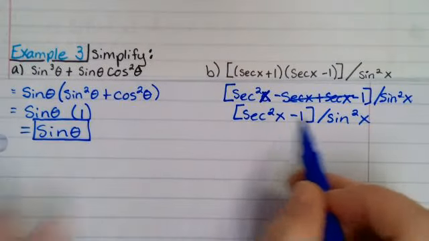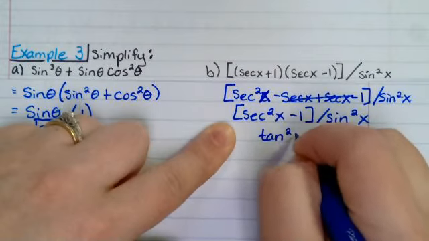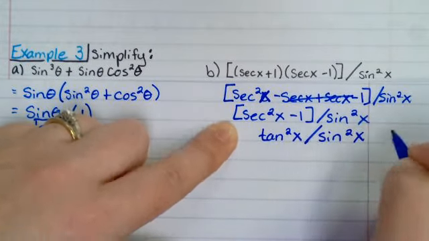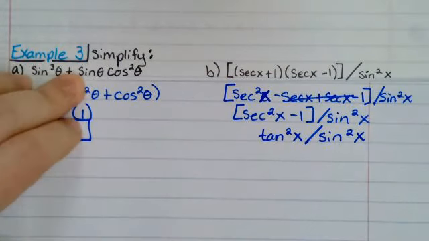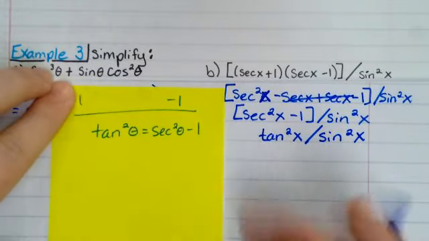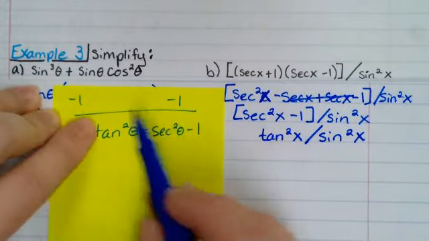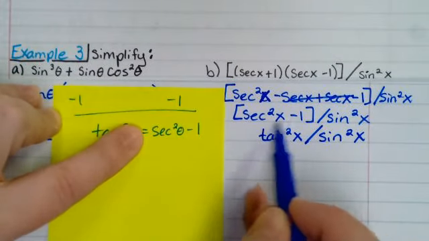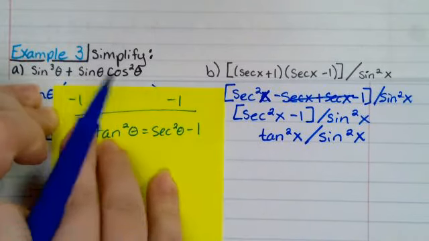So if secant squared theta minus 1 is equal to tangent squared theta, then this top part is really equal to tangent squared, and that's being divided by sine squared. Again, the reason I could do that is because of that Pythagorean identity where I could subtract 1 on both sides. I turned it into secant squared theta minus 1 right there, so I could replace that with tangent squared.